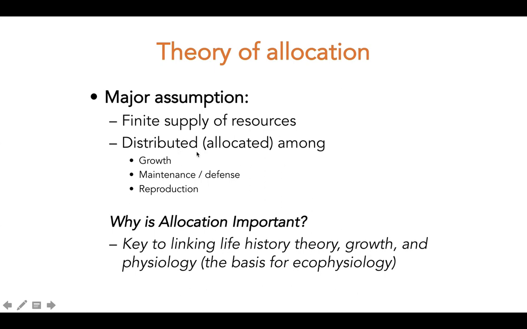And in general, these resources have to be distributed or allocated amongst different chores, that is, growth, maintenance or defense, and ultimately reproduction. And so why do we keep focusing back on allocation? Well, allocation of resources, allocation of carbon, allocation of nitrogen, is key to linking life history theory, growth rate, and physiology, but also all of these different traits that we've been measuring in a unified kind of context.